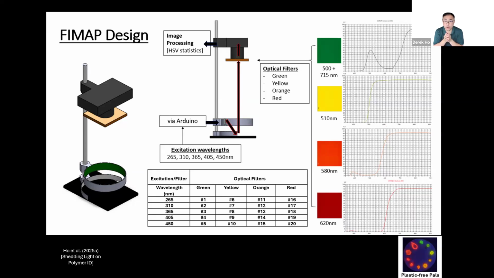FIMAP, which stands for Fluorescence Imaging Microplastic Analysis Platform, works by exciting the plastics at 5 different wavelengths of light: 265, 310, 365, 405, and 450 nanometers, and then using 4 different optical filters and transmitting the light through. So we use green, yellow, orange, and red. Together, this allows us to explore 20 different excitation filter conditions.